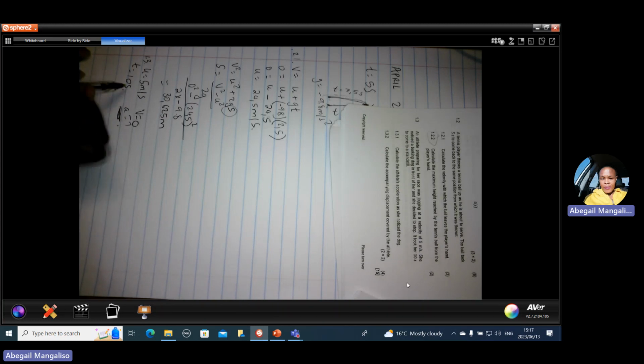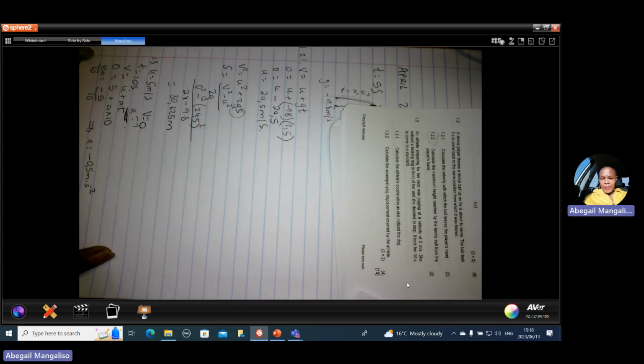The formula we can use is v equal to u plus at. The final velocity is 0, equal to the initial velocity 5 plus acceleration multiplied by 10. When you take over this 5, it's going to be negative, and this will be 10a. So 10a will be equal to negative 5.